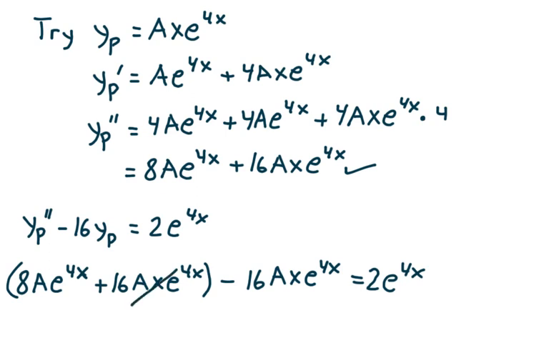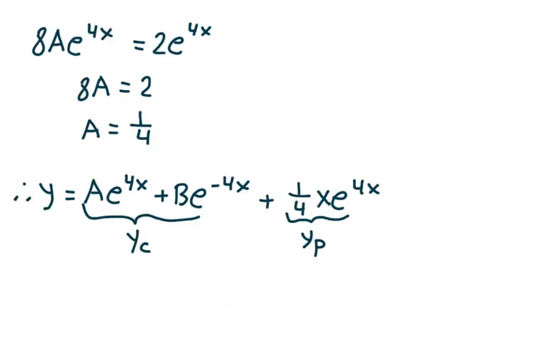Notice how these two terms cancel, and we get 8a e to the 4x is equal to 2e to the 4x. That tells me 8a equals 2, so a equals 1/4. And so my particular solution, y sub p, is 1/4 x e to the 4x.